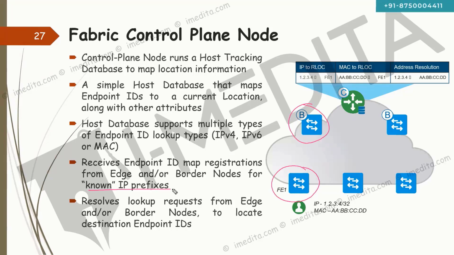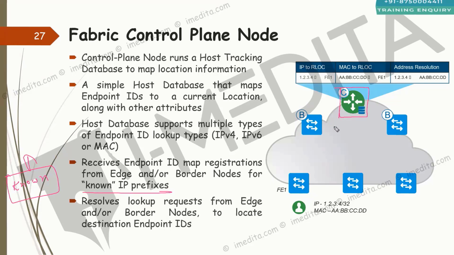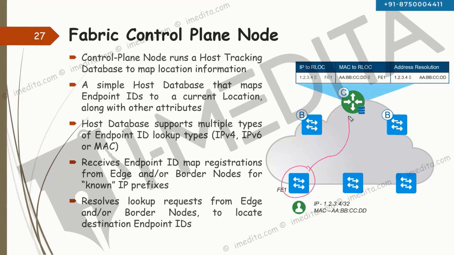All the prefixes that are known to our implementation will be registered on the control plane node by the border node and by the Fabric edge node. And when the Fabric edge node asks the control plane node about the RLOC of a particular IP, it is the responsibility of the control plane node to give the information to that particular device.